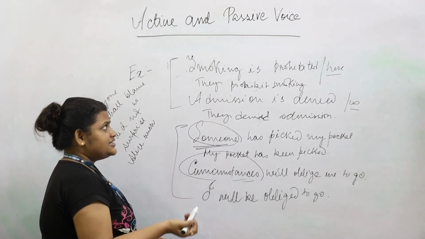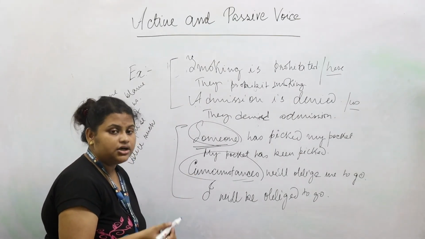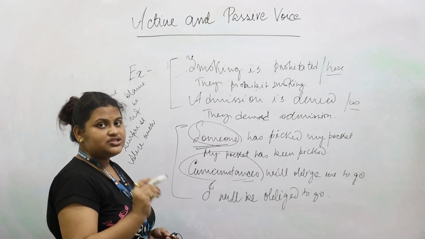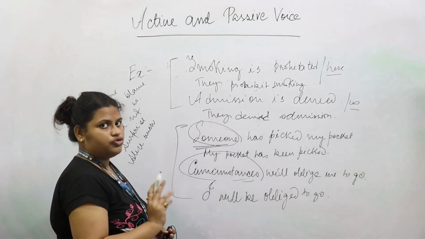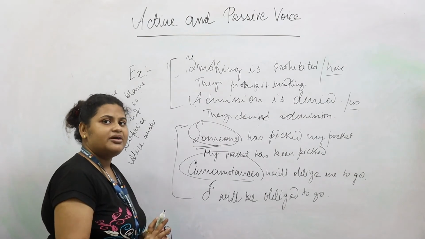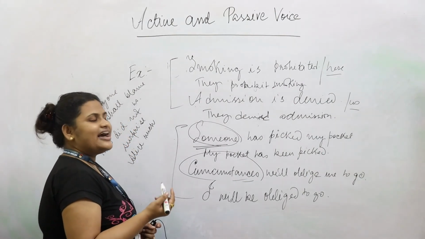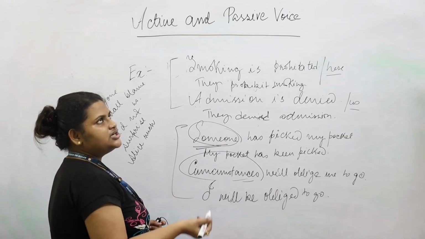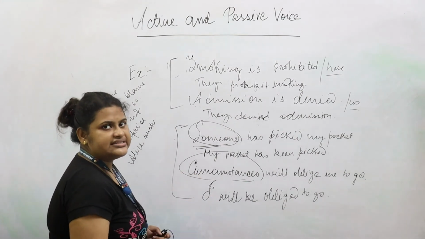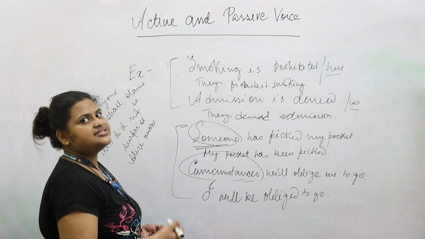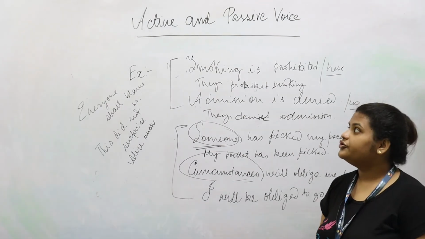Hence, we need to keep in mind that in certain cases the agents in the sentences are dropped, where the agents are automatically understood, as we had begun the sentence when we were doing the active and the passive. We had begun it with the sentence, he was arrested by the police. So the transformation was the police arrested him.